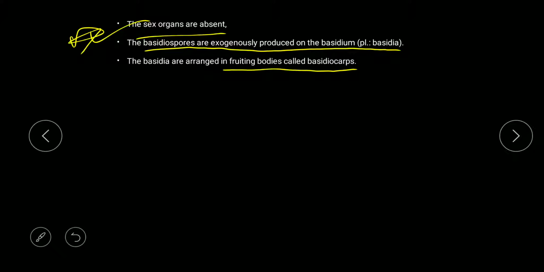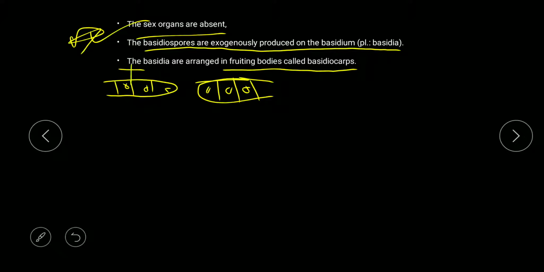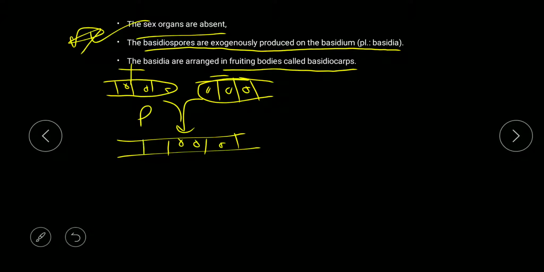In this also, they have septate hyphae like this. One is plus, one is minus. When plasmogamy occurs, they fuse, and a dikaryotic cell will be formed.